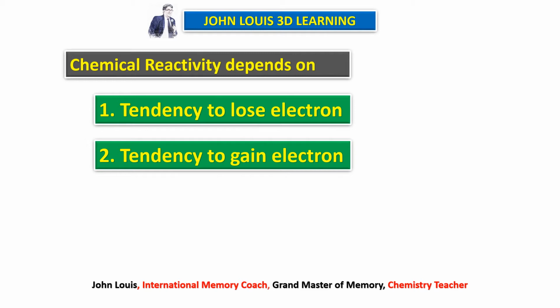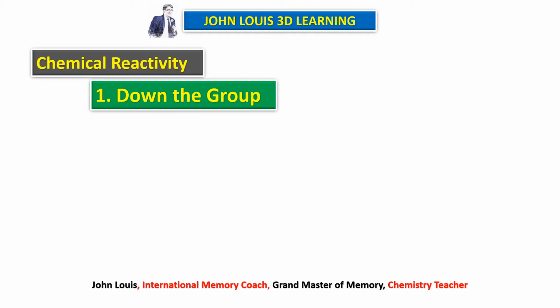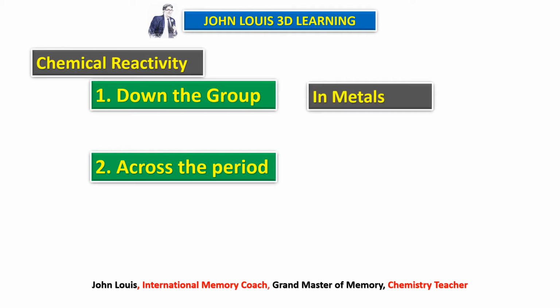Now let us see, based on these ideas, what will happen when we go down a group. In the left side of the periodic table there are metals, and in the right side there are non-metals, that we have seen. In metals, the reactivity increases. Why? Because the tendency to lose electrons will go on increasing when we move down a group.